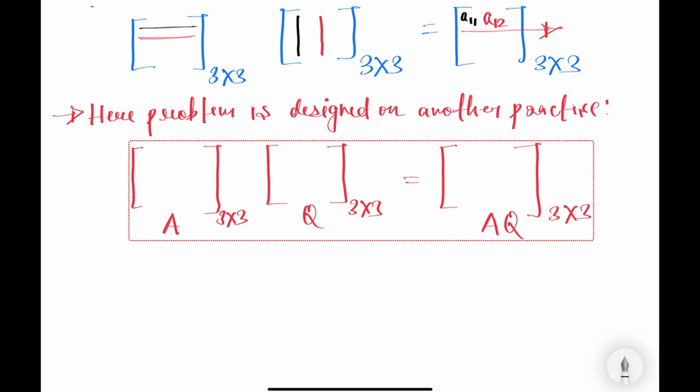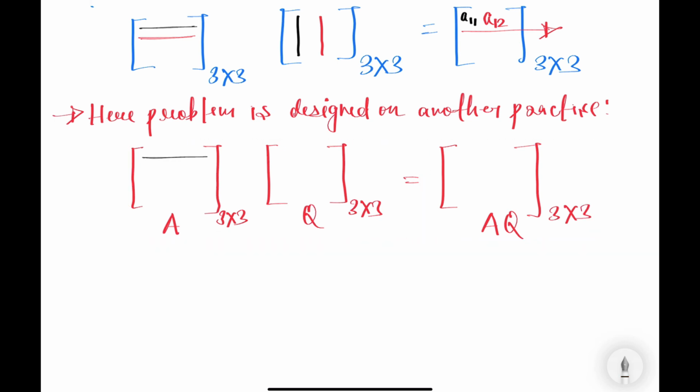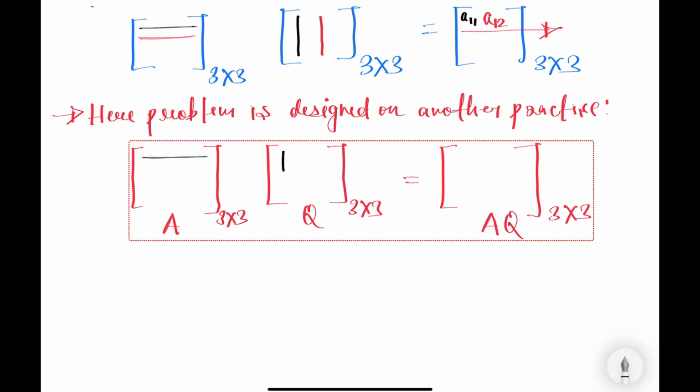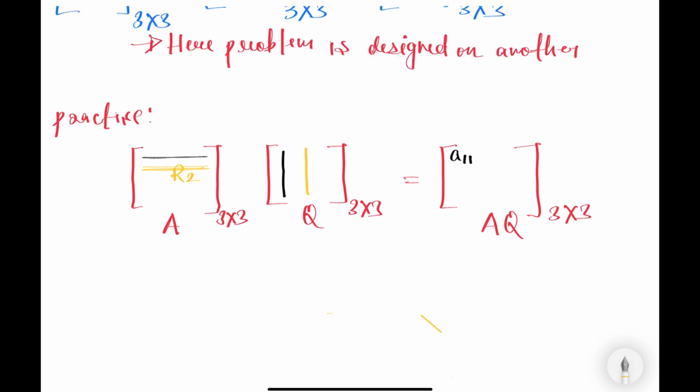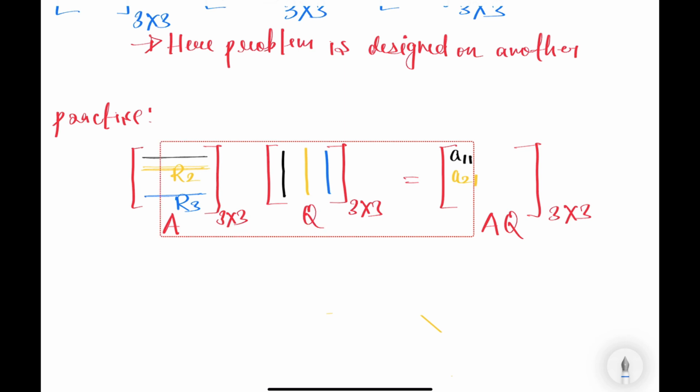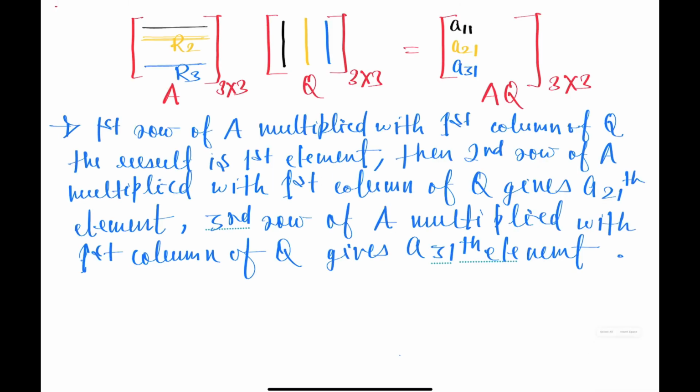So the problem is designed on this: when the first row is multiplied with the first column, the result is A11. Second row R2 multiplied with the first column gives A21. When third row R3 is multiplied with the first column gives A31. So the problem is designed on this practice.